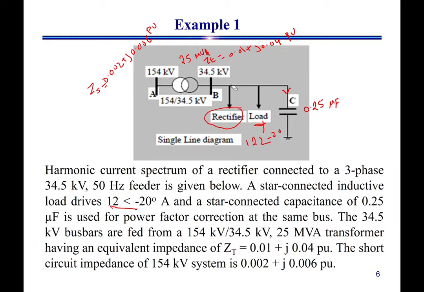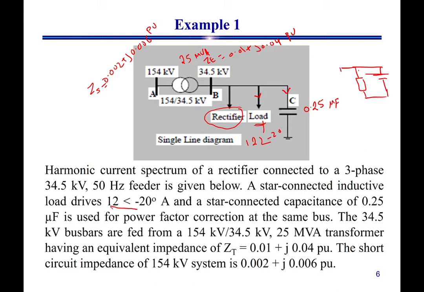Now if I try to draw the network for the harmonic, then of course the harmonic will provide the current to all this load. Okay, so anyhow we like to find the current in all those. Okay, so if I try to draw the network for the harmonic, I have over here the capacitor bank, I have over here also a load.